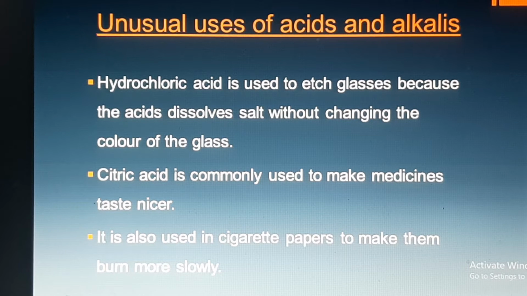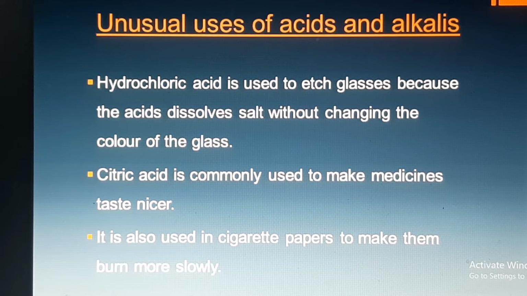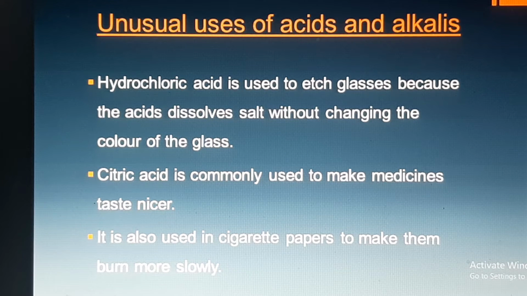Second one, citric acid. Citric acid is commonly used to make medicines taste nicer. Medicine contains so many chemicals, so it doesn't taste good. So, to get a pleasant taste, we add citric acid to it.